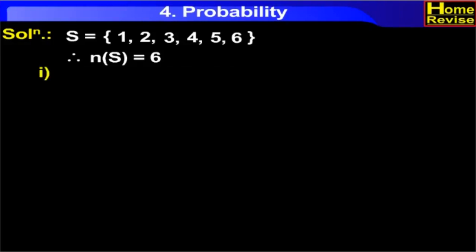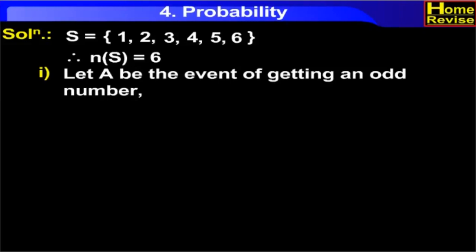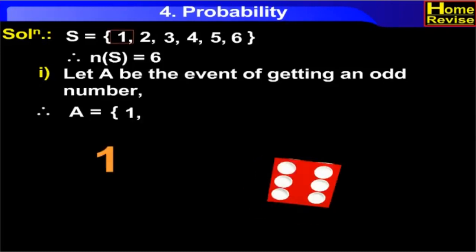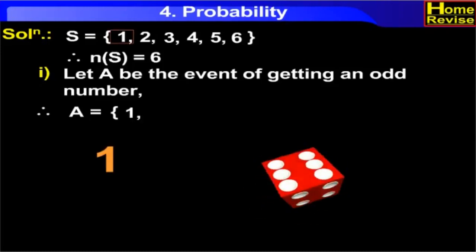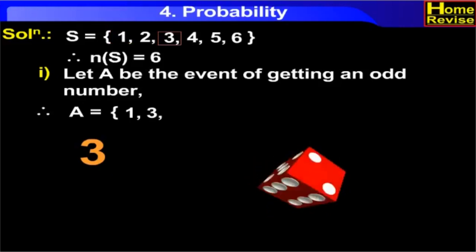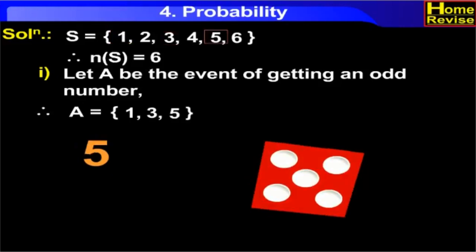Number 1. Let A be the event of getting an odd number. Therefore, A is equal to {1, 3, 5}.